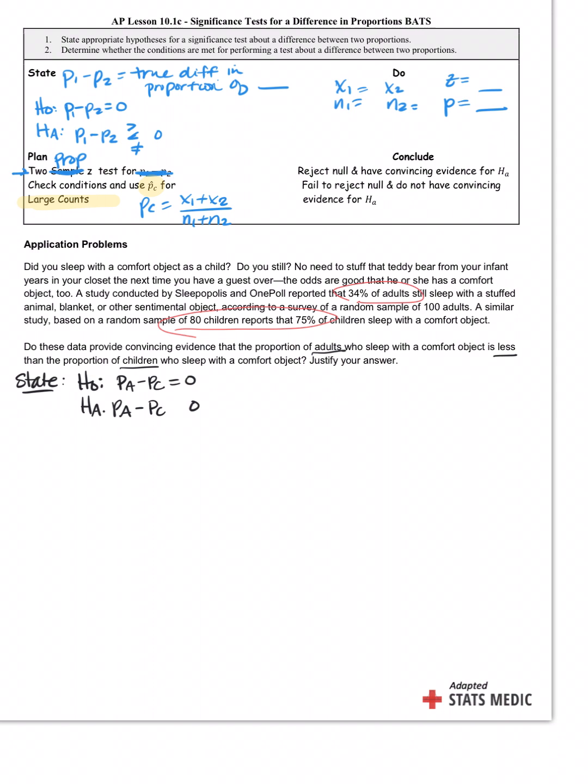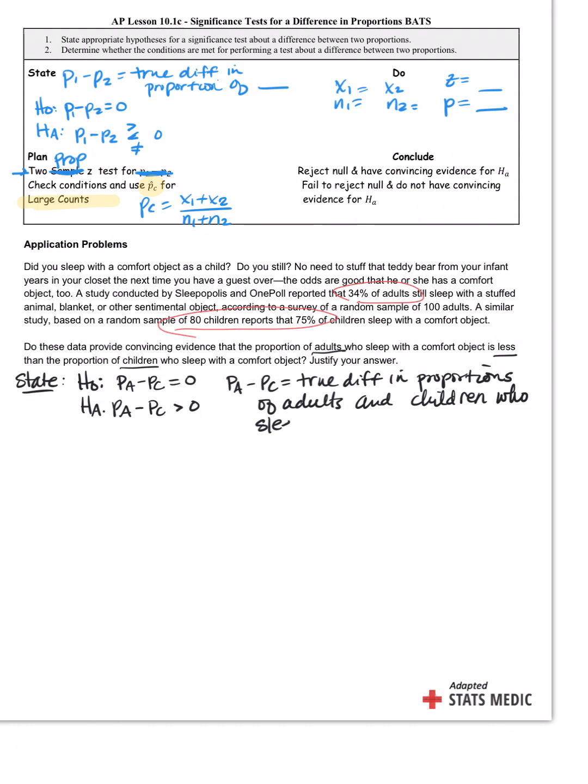Is everybody there? If this number's less than this number, won't it come out negative? So this would be a less than. Is that okay? So when I define this, PA minus PC, I'm going to say the true difference in proportions of adults and children who sleep with a comfort object.